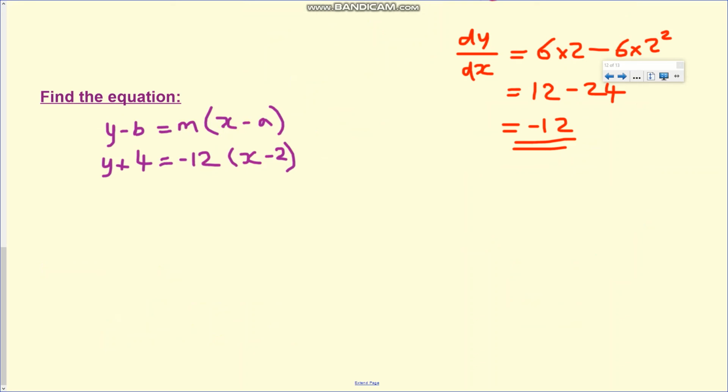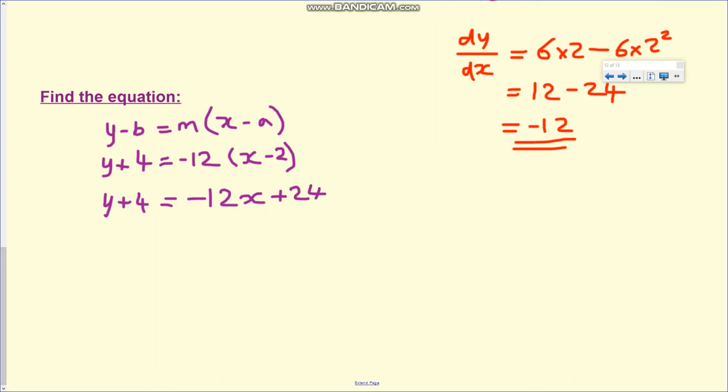Right, and then I'm going to go about rearranging this in order to find it in the form y equals mx plus c. So y plus 4 is equal to negative 12x plus 24.